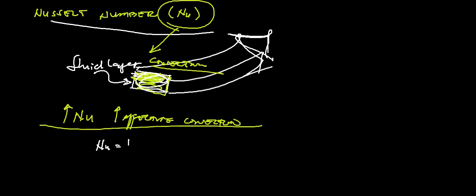Last time we also gave the expression of the Nusselt number, which is equal to h Lc over k. Once again, h is our heat transfer coefficient, Lc is our characteristic length of the geometry in meters, and k is our thermal conductivity.